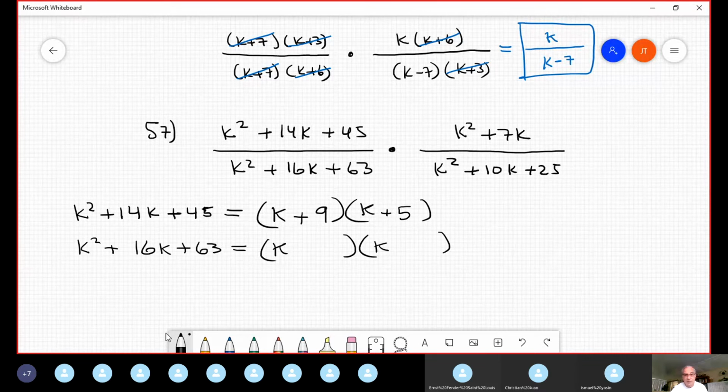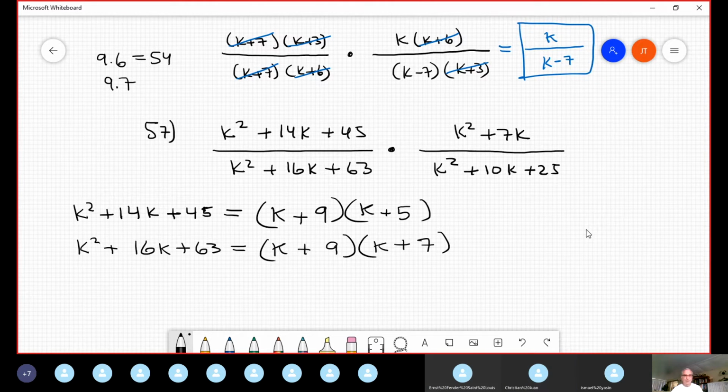Two numbers that multiply to give me 63 and when adding or subtracting, give me 16. 9 and 7, yes. Because 9 times 7 is 63, and 9 plus 7 is 16. And what sign, guys? Plus. Positive. Very good.